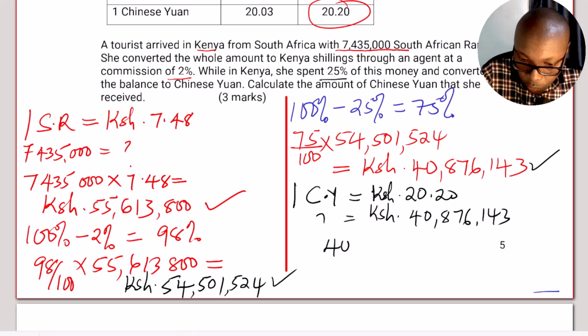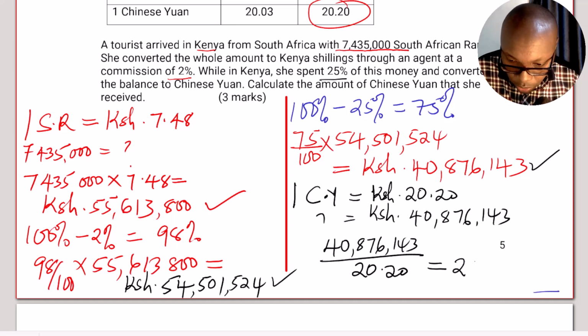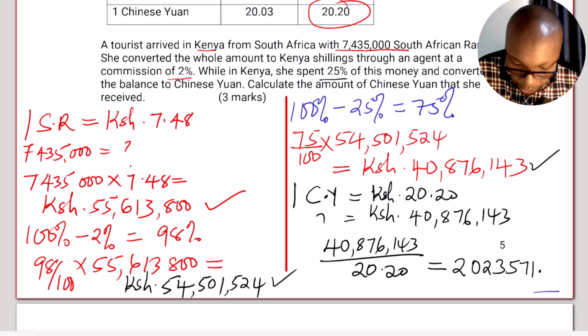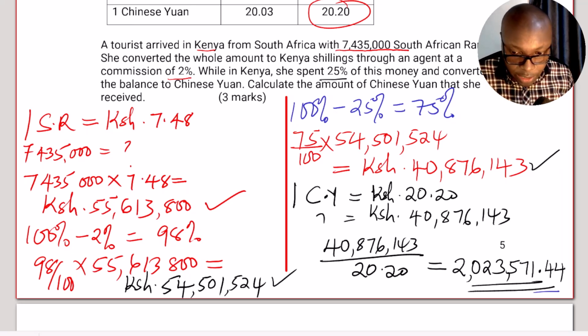So this will be 40,876,143 divided by 20 and 20 cents. And this one will give you the answer in Chinese yuan. This will give 2,023,571 and 44 cents. That is the amount in Chinese yuan.